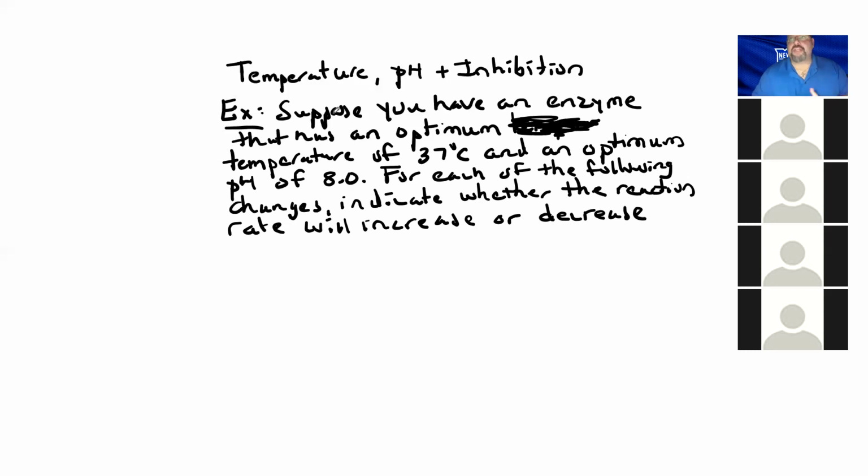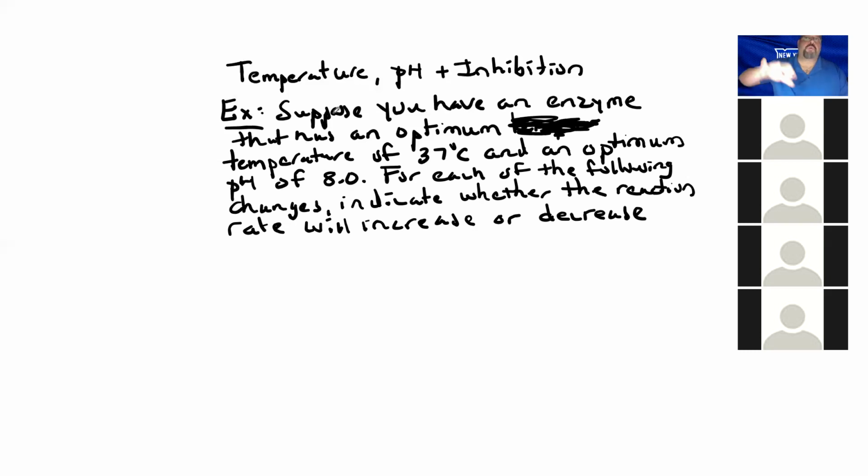And upon collision, they have to recognize each other. And the general idea is that recognition is based on shape. If you're under very cold conditions, there's not a lot of heat, not a lot of energy present. So enzyme and substrate molecules are not really going to be moving. So even though you have enzyme present, there's not going to be a lot of interactions between enzyme and substrate.